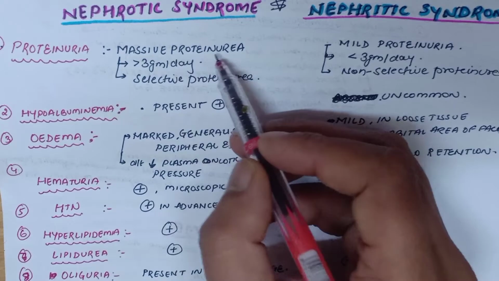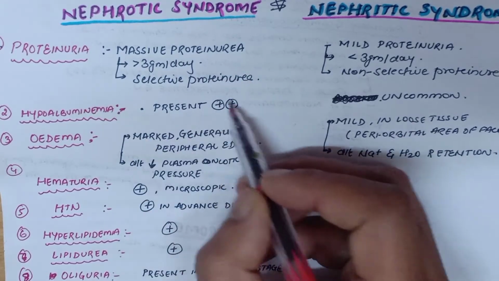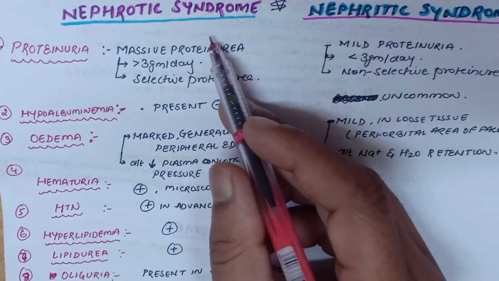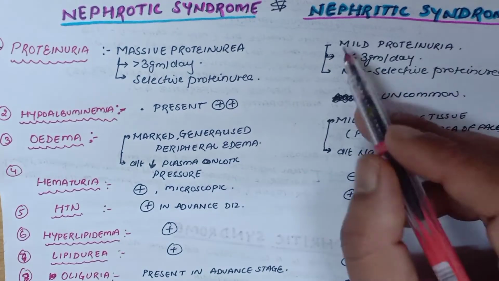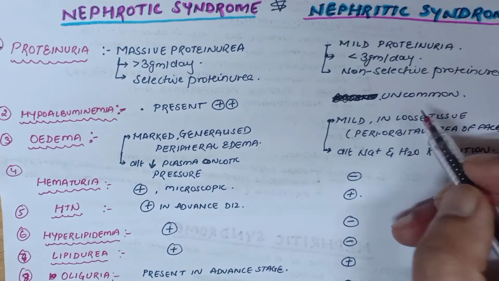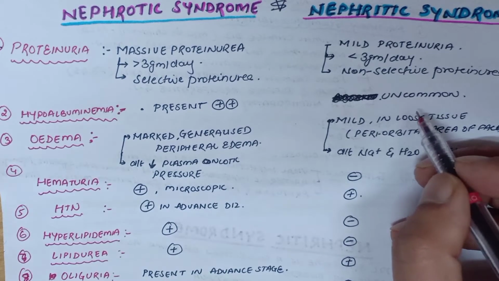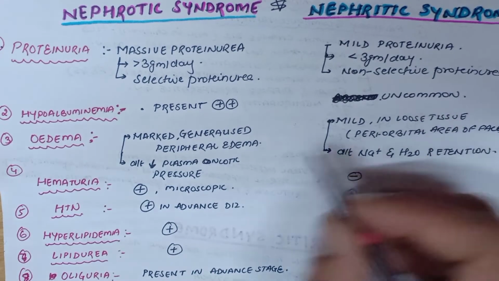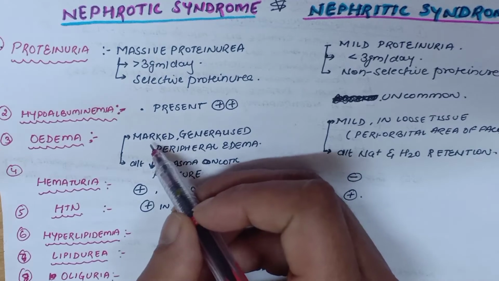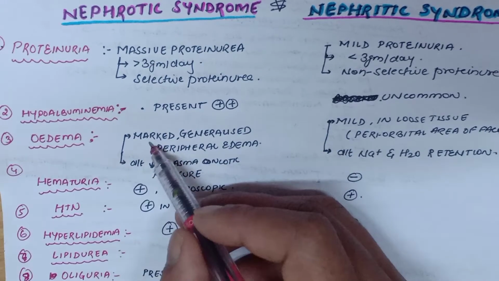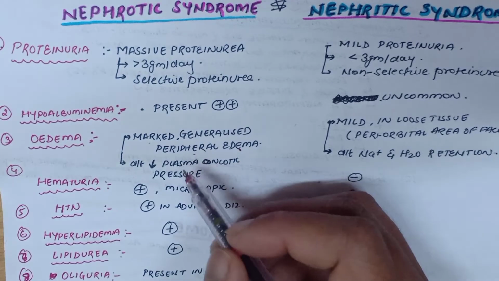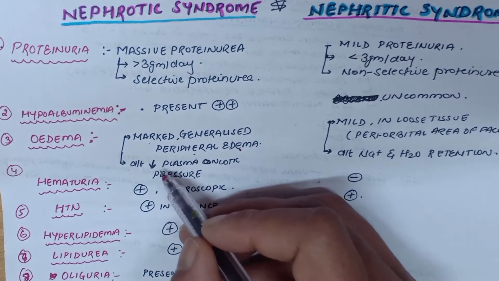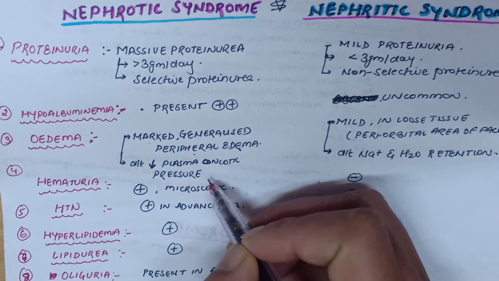And because of massive proteinuria, there is hypoalbuminemia in case of nephrotic syndrome. And because of mild proteinuria in nephritic syndrome, hypoalbuminemia is uncommon. In case of nephrotic syndrome, the edema is marked and generalized and peripheral edema, and the edema is due to decrease in plasma oncotic pressure.